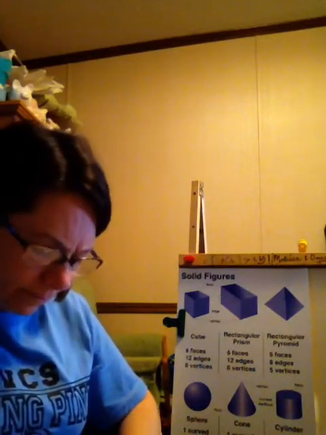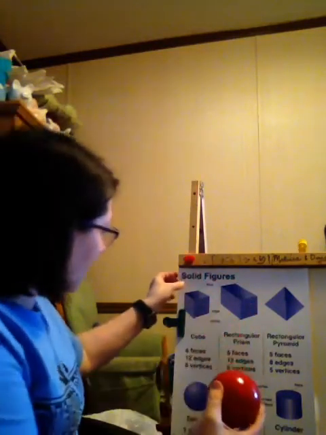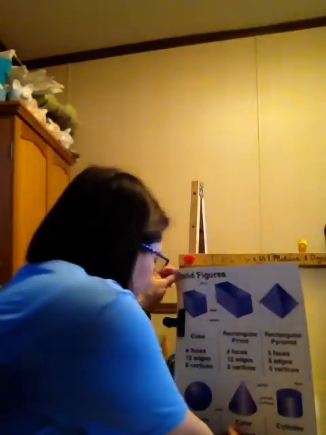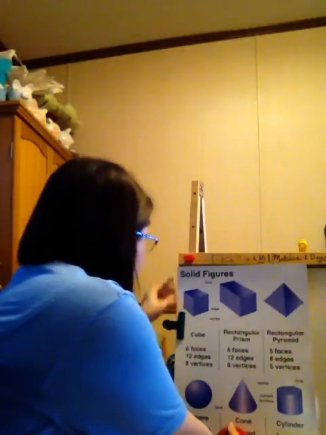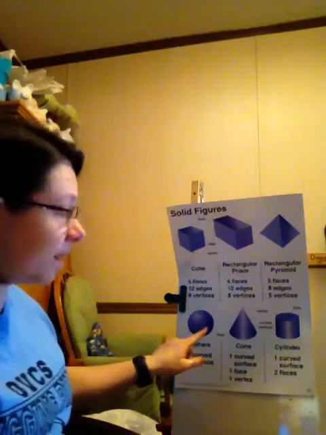Now, here comes an easy one. We have a sphere. You say, Mrs. Henry, that looks like a ball. Well, it sure does. Let me see if I can scoot this up. And you look at the bottom of your page so you can see the sphere.